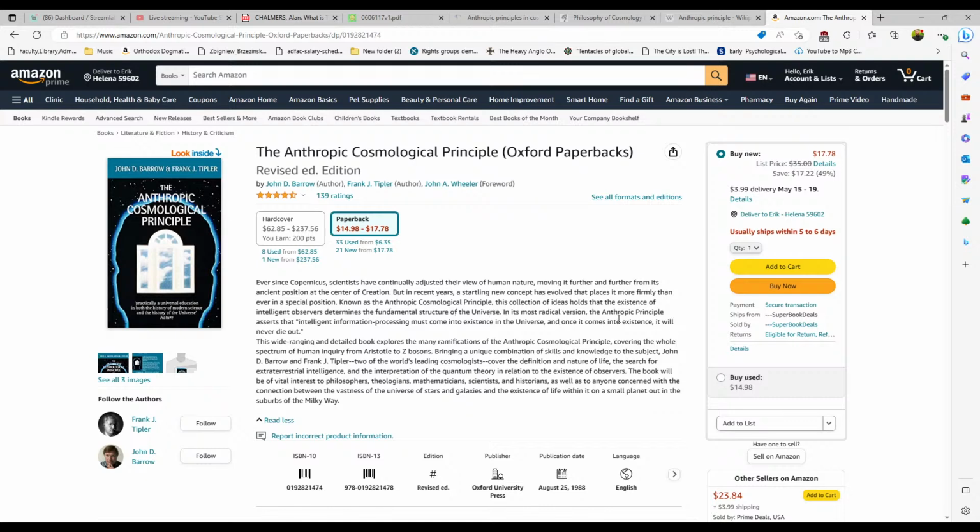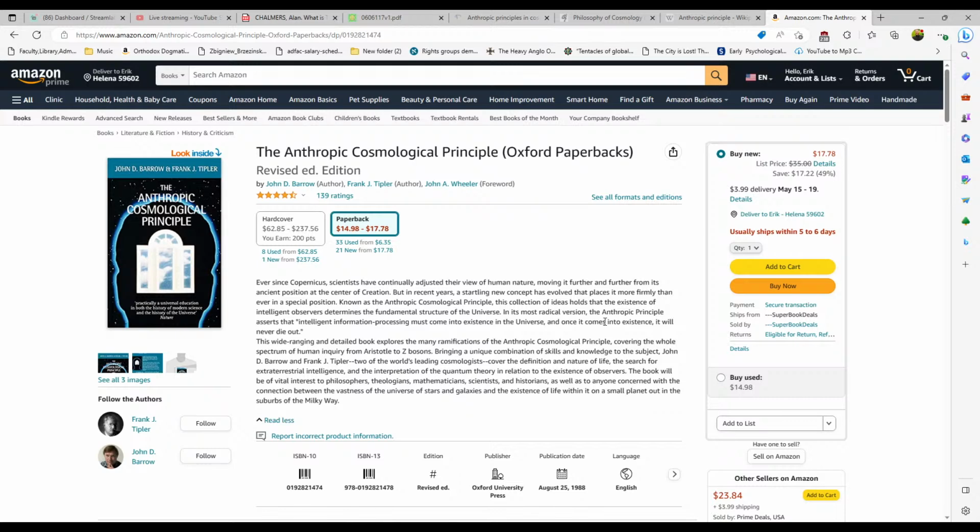In its more radical versions, the Anthropic Principle asserts that, quote, intelligent information processing must come into existence in the universe. And once it comes into existence, it will never die out. Well, this wide-ranging and detailed book explores the many ramifications of the Anthropic Cosmological Principle concerning the whole spectrum of human inquiry, from Aristotle to Z. Bonson's, bringing a unique combination of skills and knowledge to the subject.